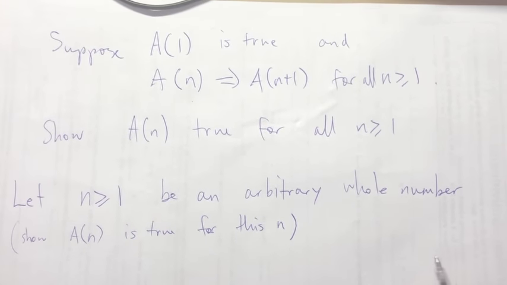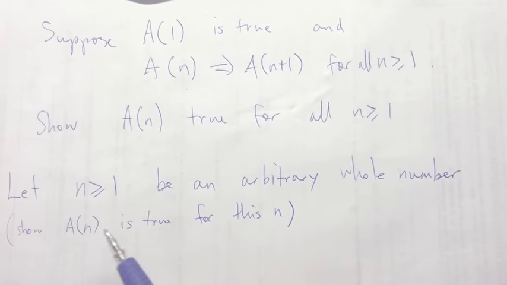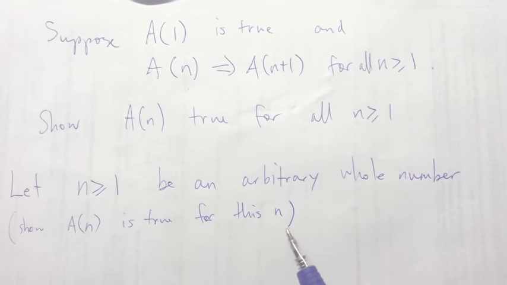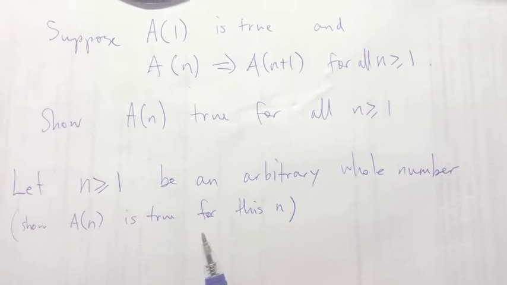Can you see how this is different? Because this particular n, even though we don't know what it is, we know that there's only so many numbers below it.